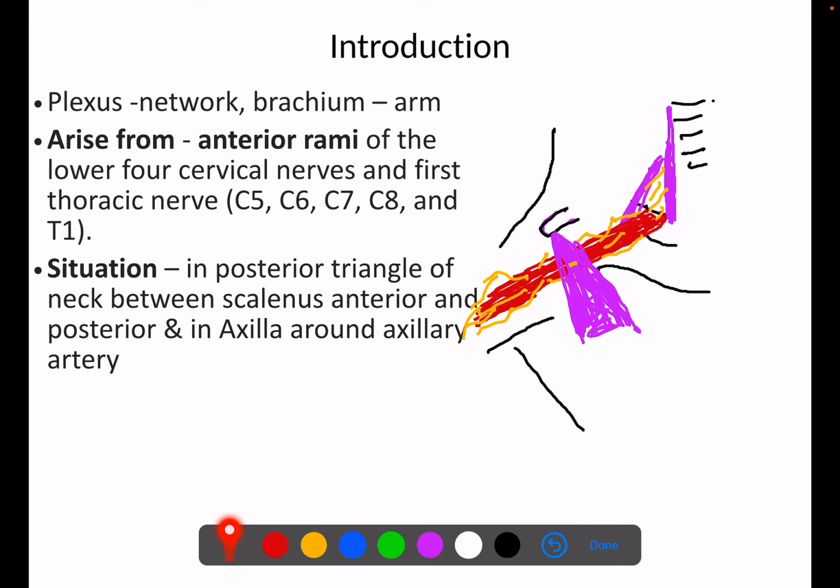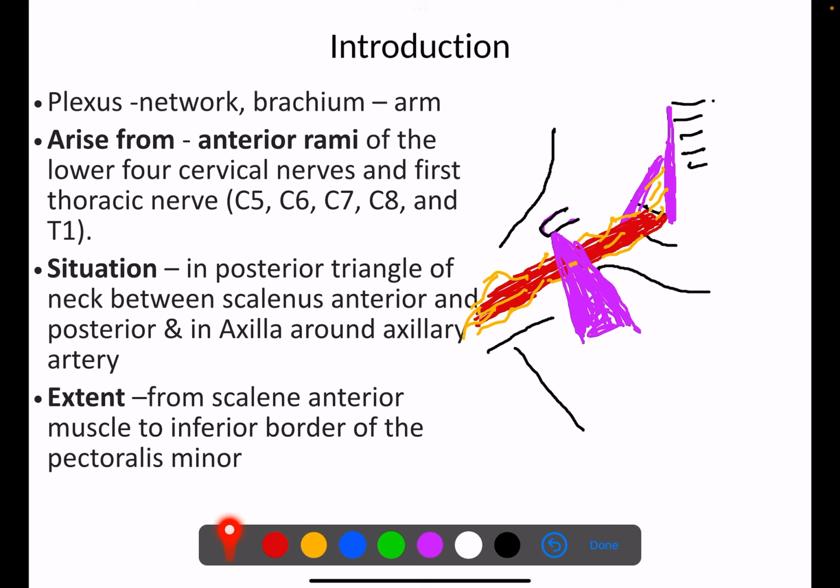So coming back, situation: it is situated in the posterior triangle of neck between scalenus anterior and scalenus posterior muscle, and in axilla around the axillary artery. Then extension: they extend from scalenus anterior to inferior border of pectoralis minor.